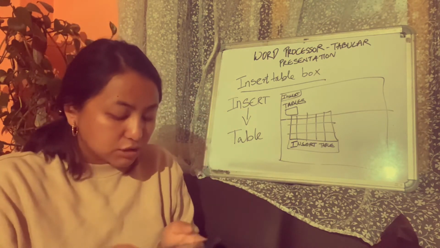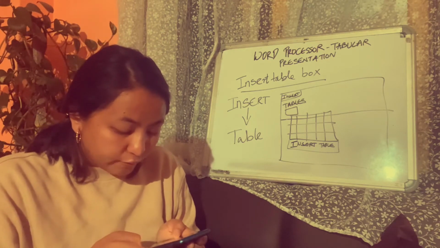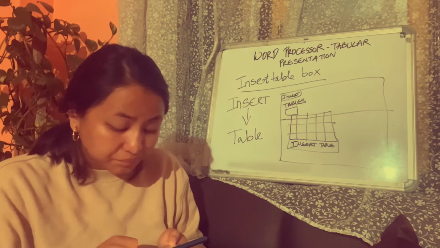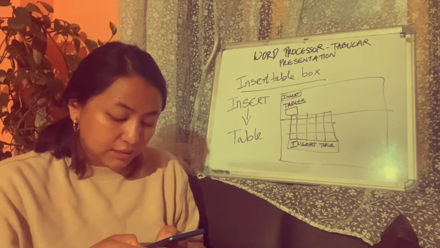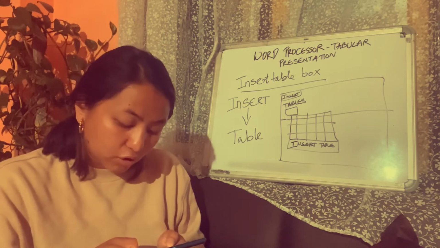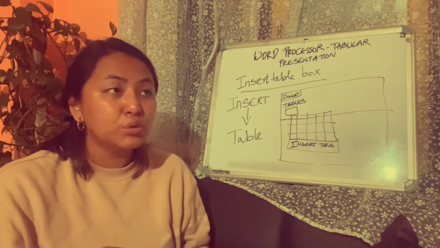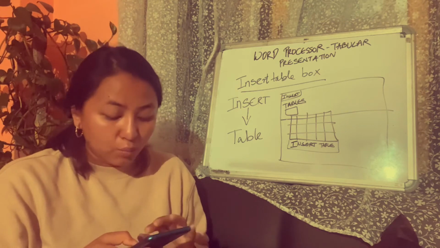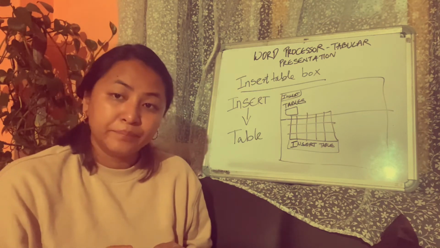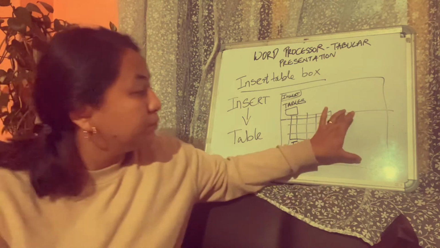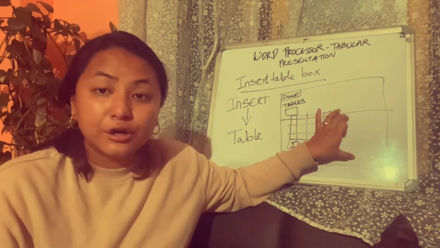If you look at your book, page number 24, at the extreme left hand side, there is a box where it is written insert table box, number of columns and number of rows you want. You just enter the number of rows and columns that you want and click OK. After that, the table according to your requirement will appear on the page.